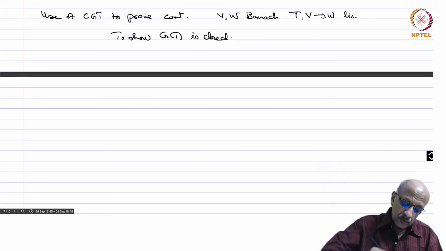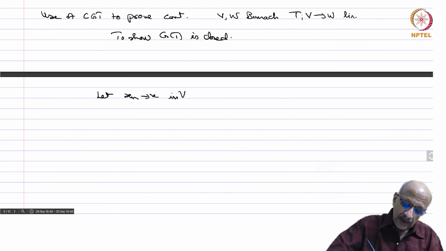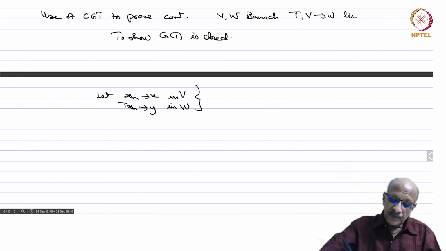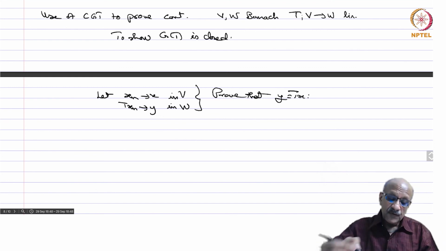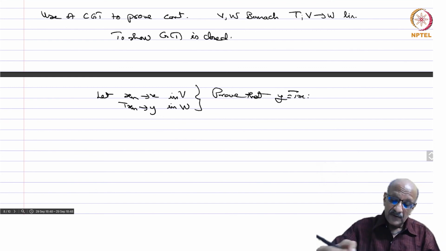So you let xn go to x in V, Txn goes to y in W, and then prove that y equals Tx. This will show then the graph is closed and therefore T is continuous.